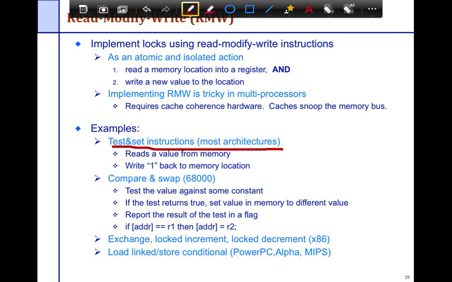You read a value from memory, you check if the value is 0, and if it's 0, then you write back 1 to the location. If it's not 0, then whatever value there was in the system, you leave it as it is. That is what a test-and-set is.